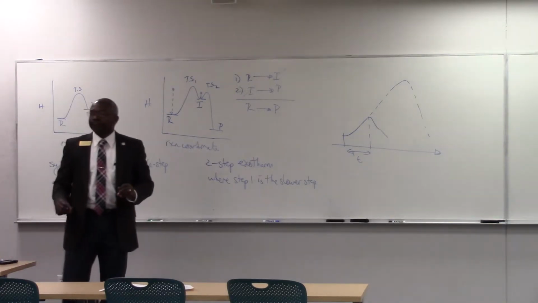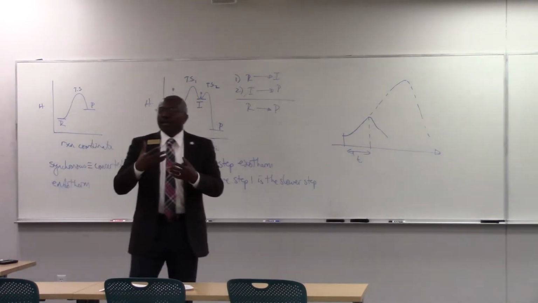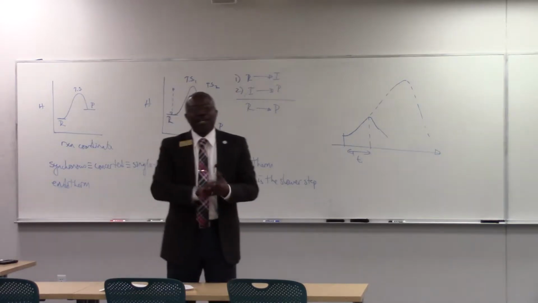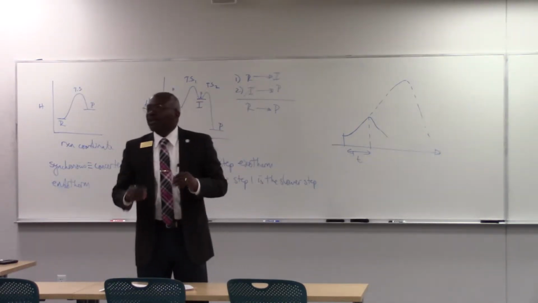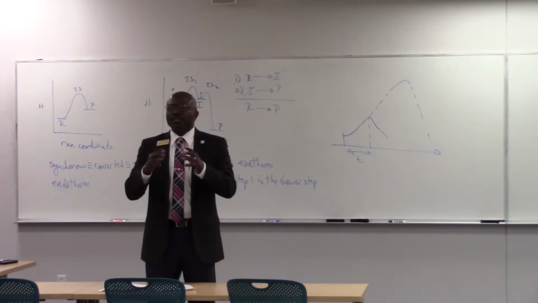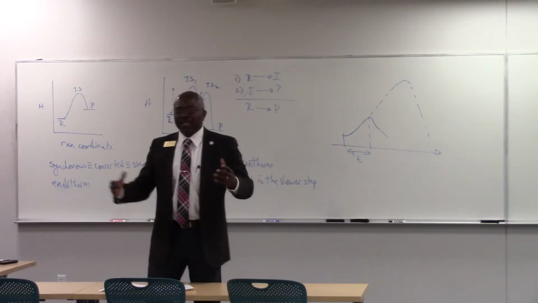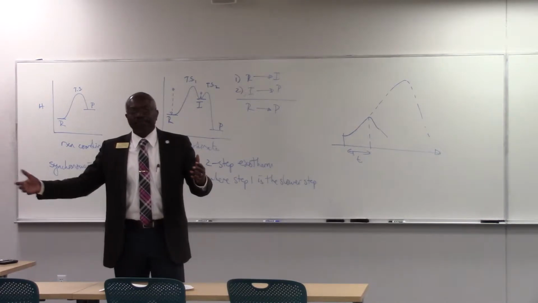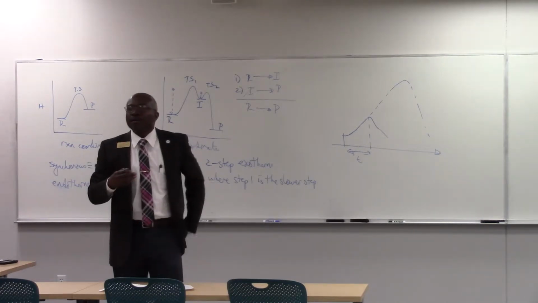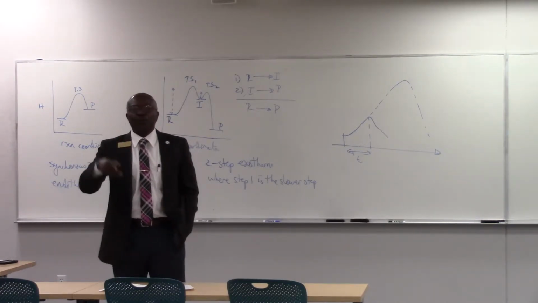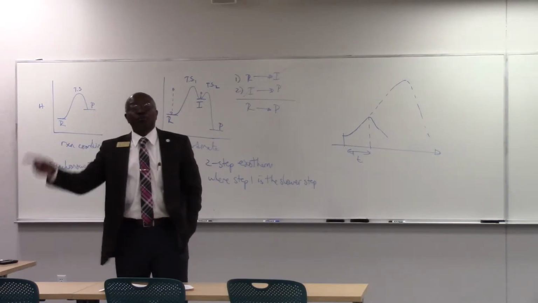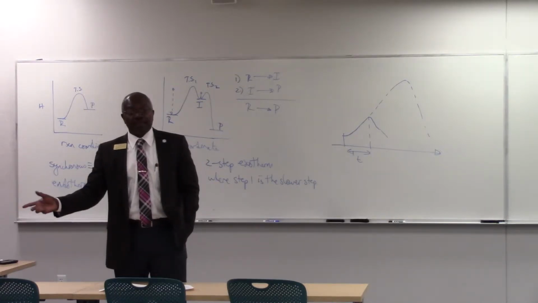But here's the deal. And you'd have met this in Gen Chem 2. If you have multiple processes that collectively lead to an event, the one process that is the slowest determines the overall rate of the event.